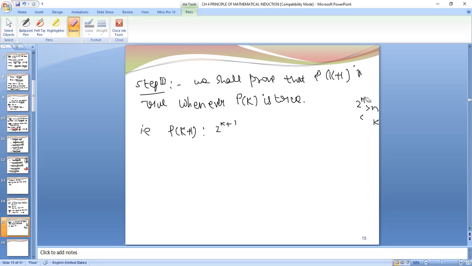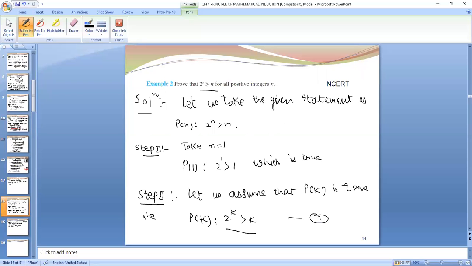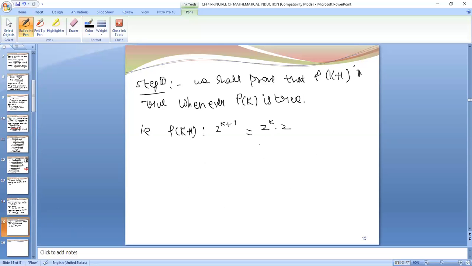Okay, so we will be proceeding. P of k plus 1 is a statement such that on the left we have 2^(k+1), which can be written as 2^k into 2. Now, 2^k is greater than k, so we can substitute the value. This will be easy.